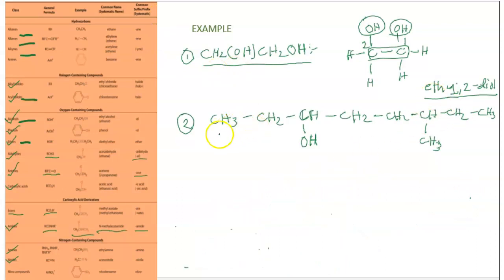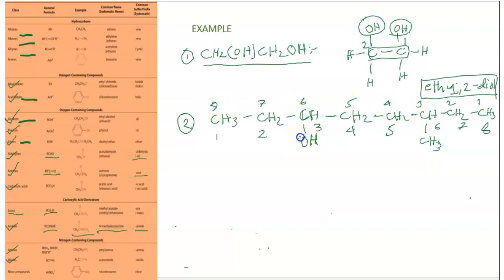Now I shall go to the next problem. Number two. My first compound name is eth 1,2 diol, and the second compound I will number 1 2 3 4 5 6 7 8, and it can also be numbered 1 2 3 4 5 6 7 8.